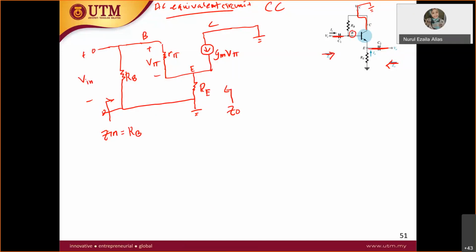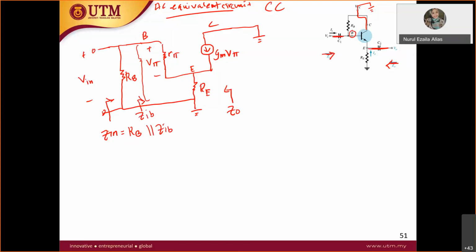From here, this is ZIB. Yes, thank you. So Z in is equal to RB parallel with ZIB.